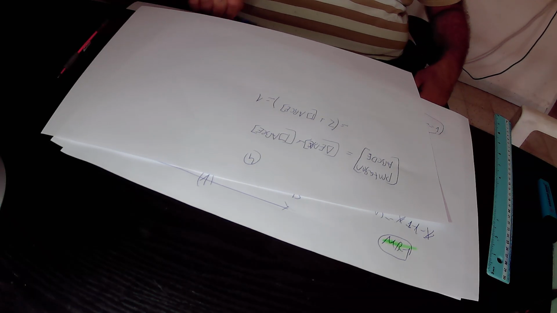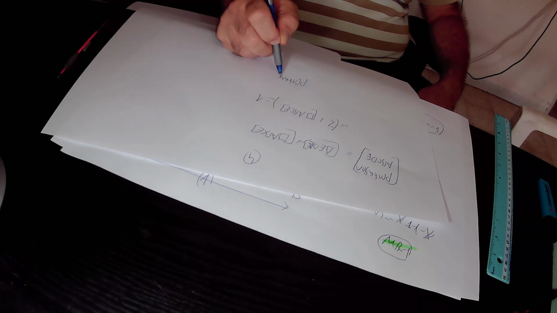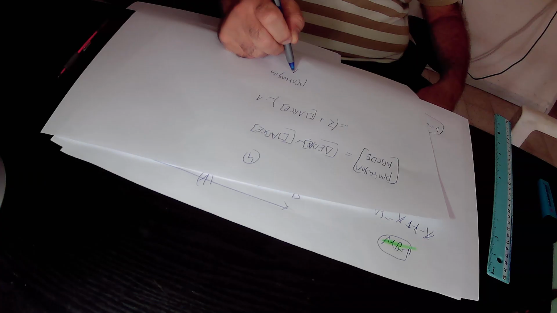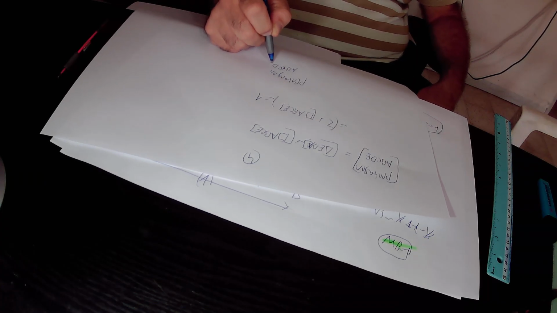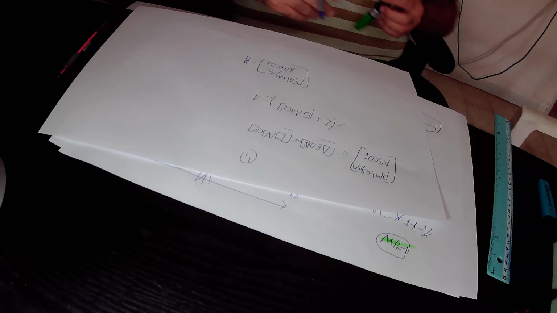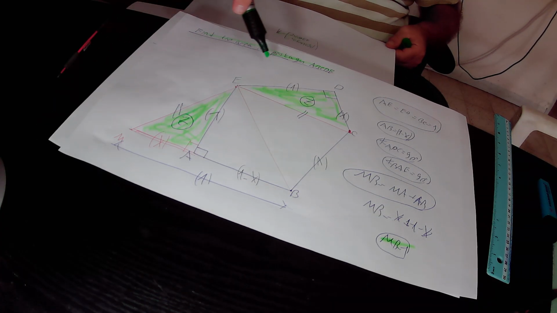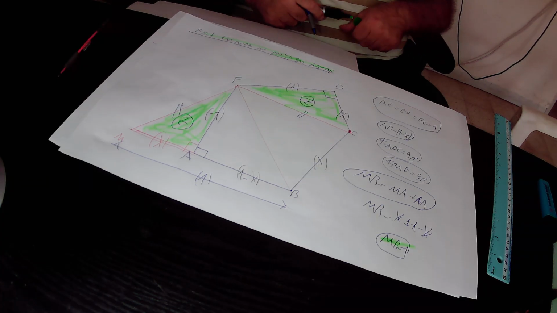So we found out that the area we are working for in this question, that is the area of pentagon ABCDE, is equal to 1 square unit in size.